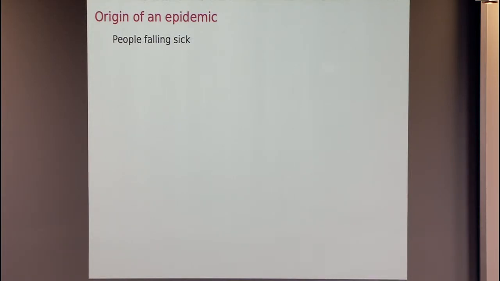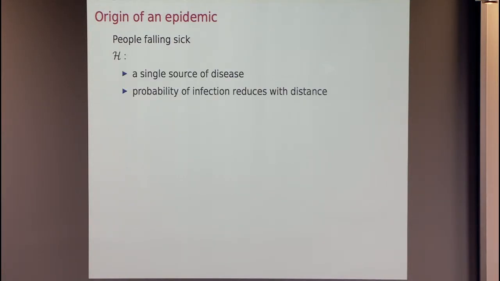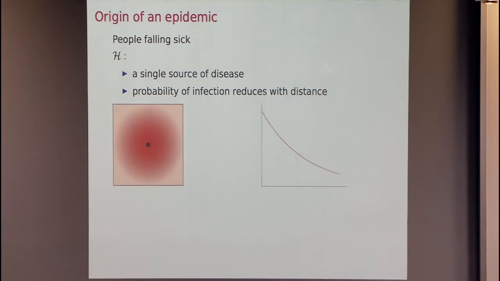So there is an epidemic. There are so many epidemics going on. So let's take any one of them. And our hypothesis is there is a single source of the disease, and the probability of infection reduces as the distance from the source grows. For example, this picture illustrates it, and this is the probability of infection.